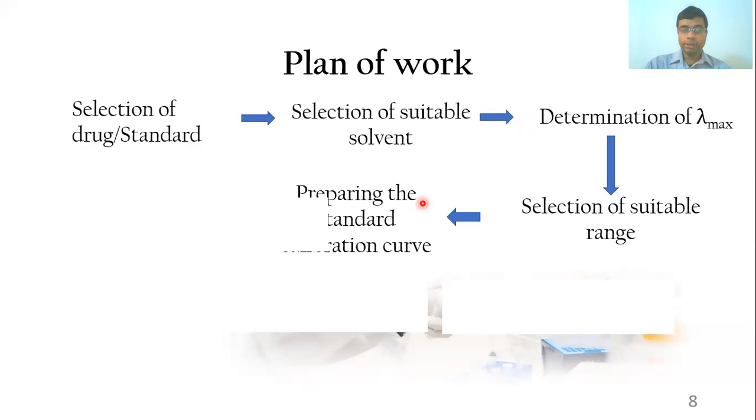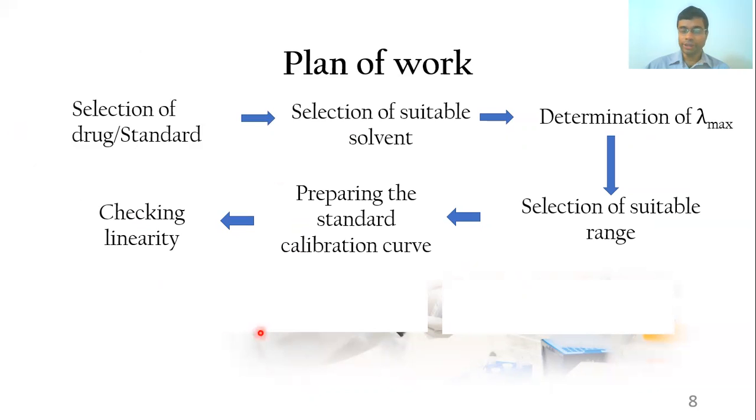Okay, so once we do that, we have to prepare the standard calibration curve, or sometimes we call it the working curve. This is a very simple way to look at it. We have a drug, and we are preparing a working curve where our concentration of interest is in line.